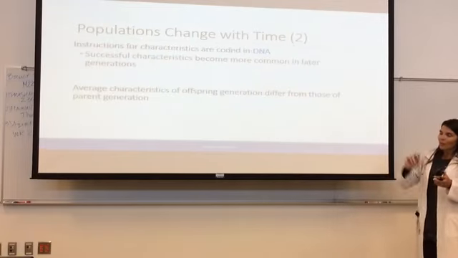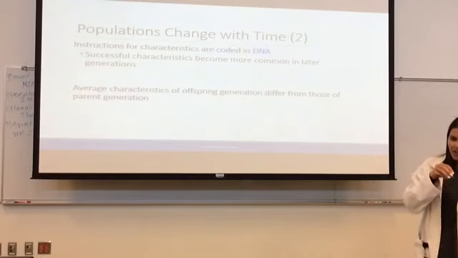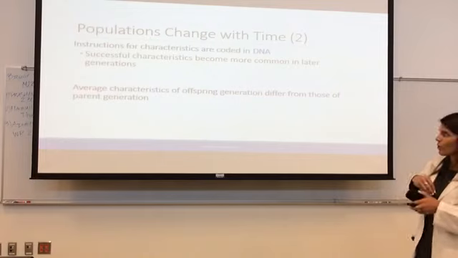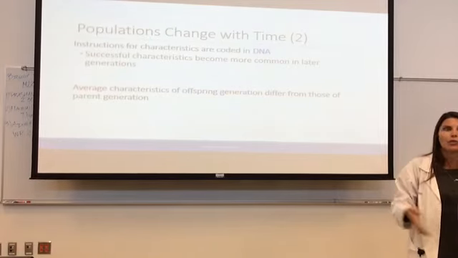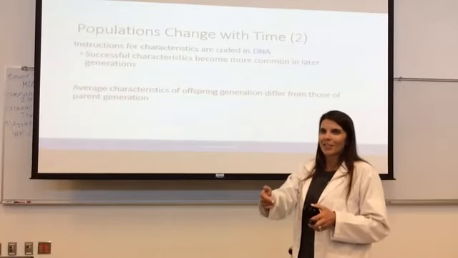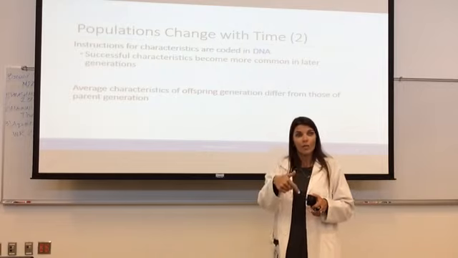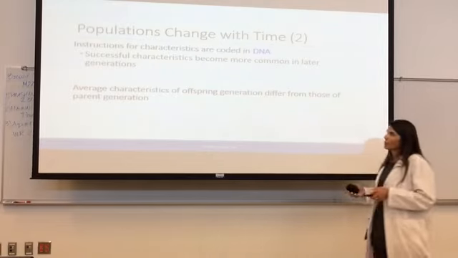So, whenever those organisms are selected for, and they survive long enough to reproduce, and those traits are passed on, where are those traits stored? In their DNA. It's always going to come back to DNA, which is your genes, which is your genetic material. Okay?